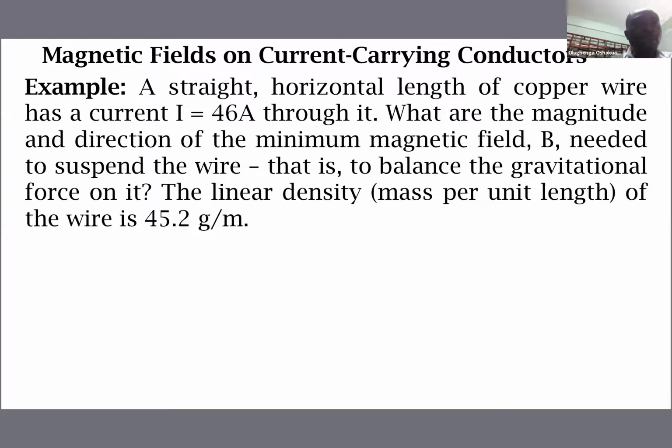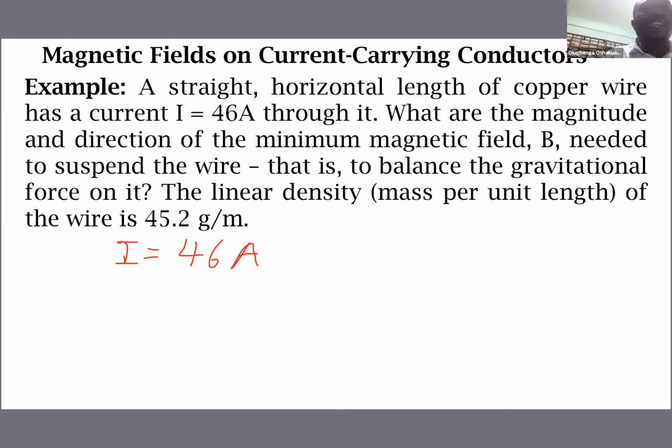So now we have a straight horizontal length of copper wire having current 46 ampere. So we can write out the useful information. Current, 46 ampere, through it.